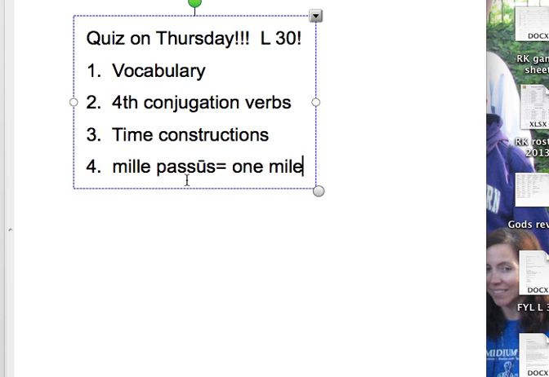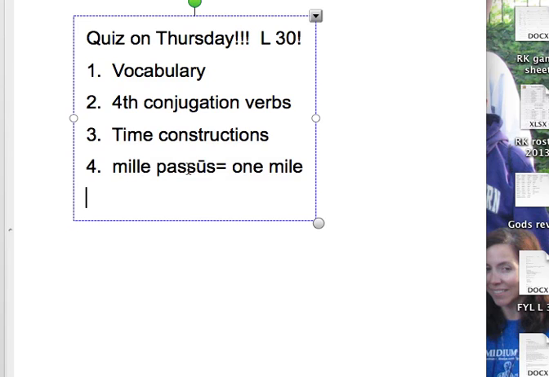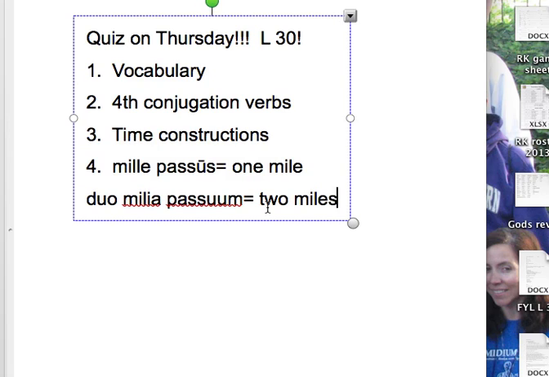You don't really have to be aware of this, but this happens to be in the accusative because that's how you express extent of space, 1 mile in the accusative. Consider this other possibility. We might see duo milia passuum. That's 2 thousands of paces, which is equal to 2 miles. So all you have to do is be able to do what I just did here. Recognize this is 1,000 paces, 1 mile, 2 thousands of paces, 2 miles.